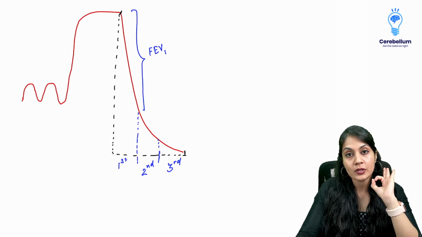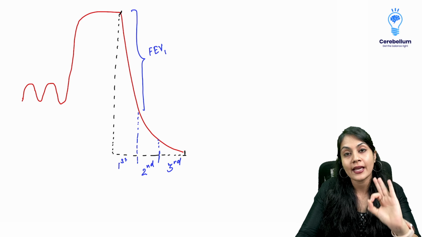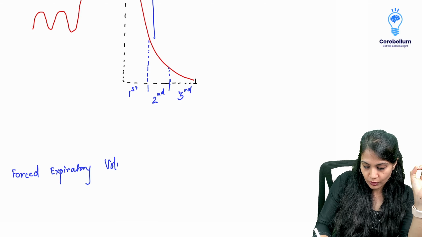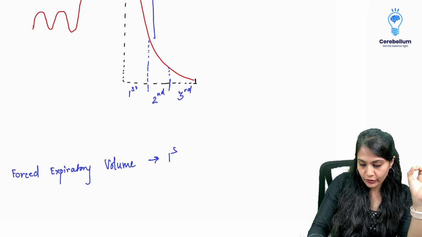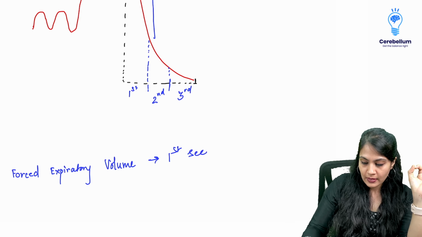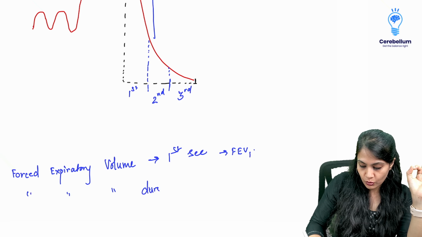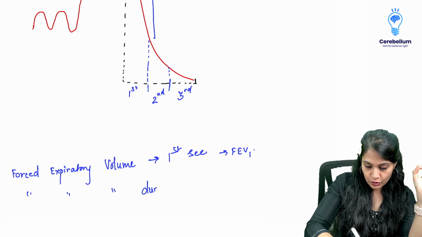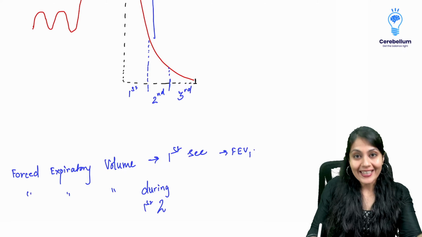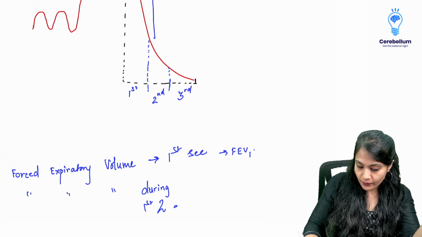So during first second, whatever amount of air the person has expired, I'm going to call that FEV1, that is forced expiratory volume during first second. But if I calculate the forced expiratory volume during first 2 seconds, I'm not saying second, I'm saying first 2 seconds.